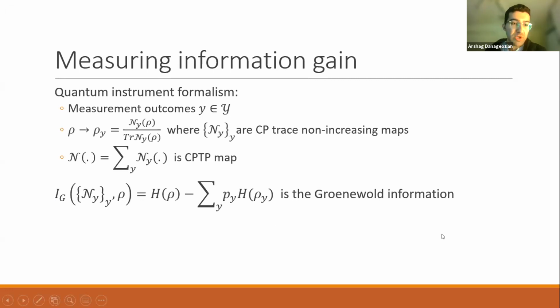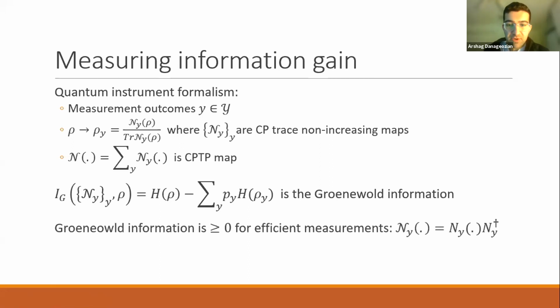So this is the quantifier that I use for measuring information gain, and you're going to see this later on. Now, one important thing to notice, this number can be negative, generally speaking, which is unfortunate. However, if you stick with efficient measurements, then you can show that the Groenewold information is actually positive. By efficient measurements, I mean that the map N_y has this form.